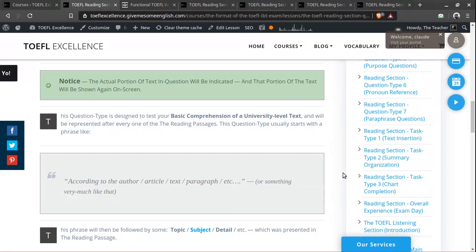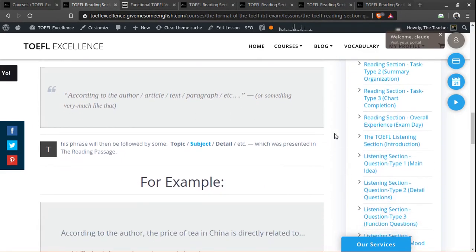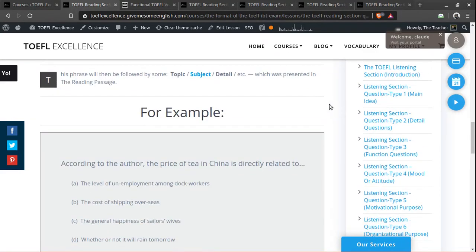So an example of the question type, which is a factual information or detailed question, they almost always start with something like according to the author, according to the article, according to the text, according to the paragraph, etc. And then they'll follow up with the rest of the question. So the phrase is then followed by some subject or detail.